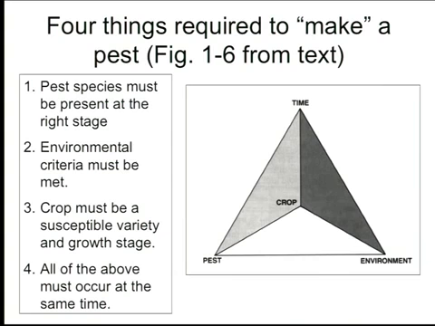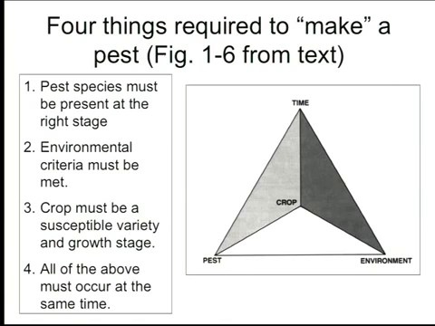So, in order to have a pest, you have to have 3 conditions, or 4 conditions. One, that the pest is present at the right stage and in high numbers. You also have to have the environment that is conducive, that is obviously favorable to the pest in terms of temperature, humidity, and so on.